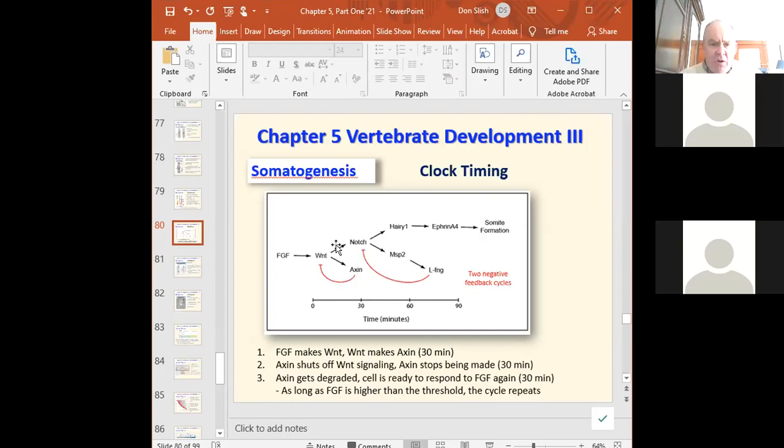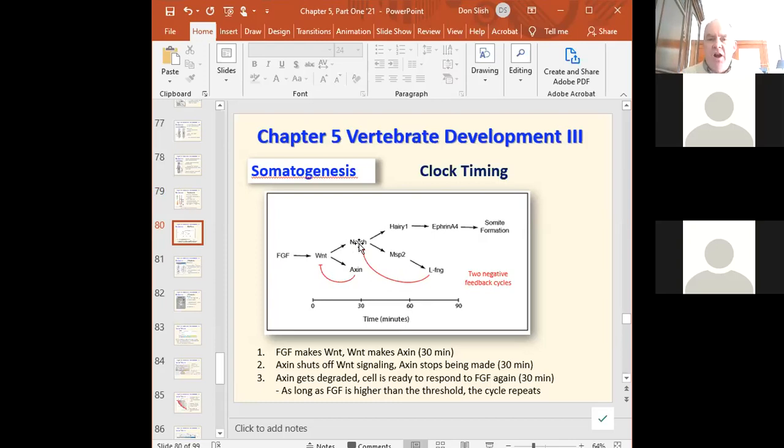So how does this happen though? Why do they cycle? So the next thing is, why are these things cycling? Well, FGF causes production of Wnt, which makes Notch, but Wnt also makes axin, and axin comes back and blocks Wnt production. So now FGF has no effect on these cells anymore until you get rid of axin, and then they'll be competent to express Wnt again.